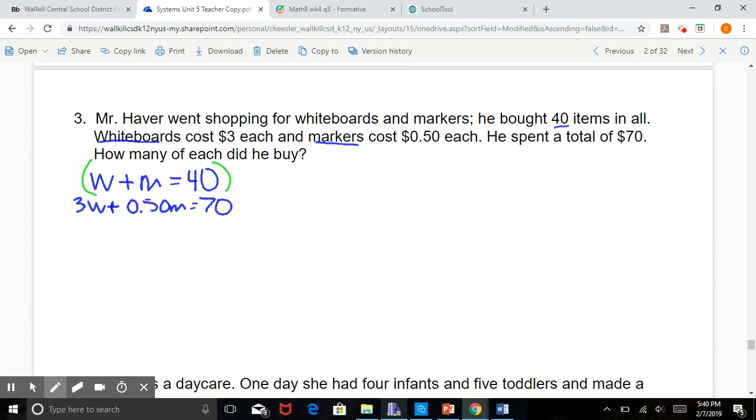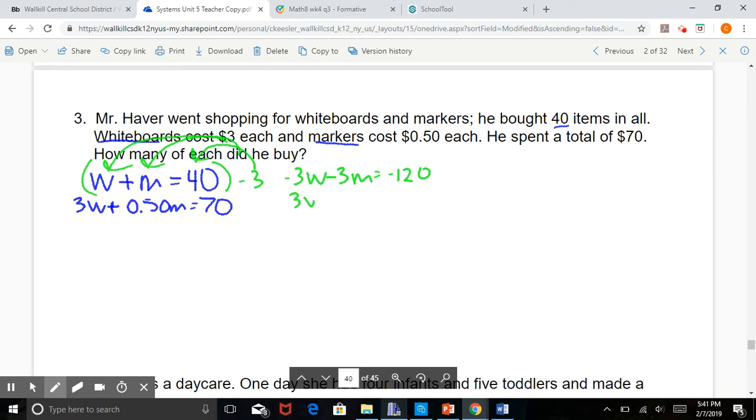I prefer to work with a whole number, so I'm going to go ahead and multiply it by negative 3. So now my new system is negative 3W minus 3M equals negative 120. Then underneath that, 3W plus 50 cents times M equals 70. And we can start to eliminate.